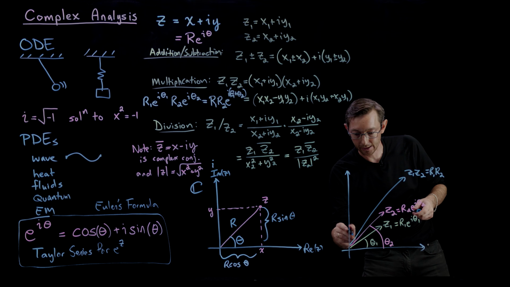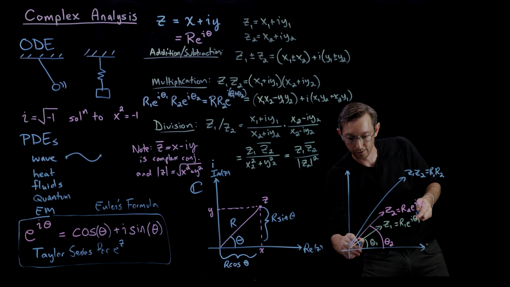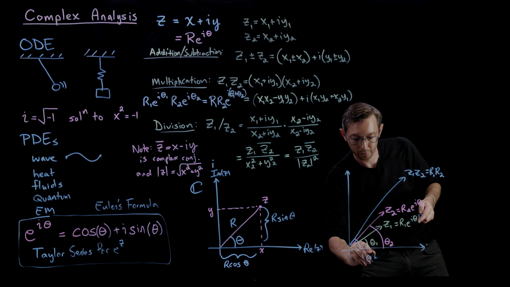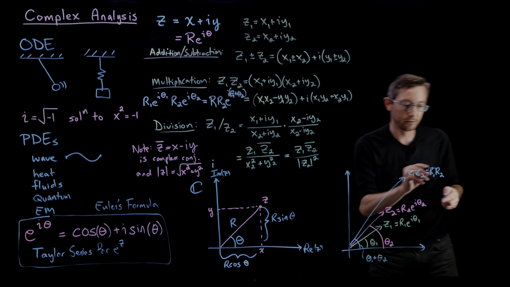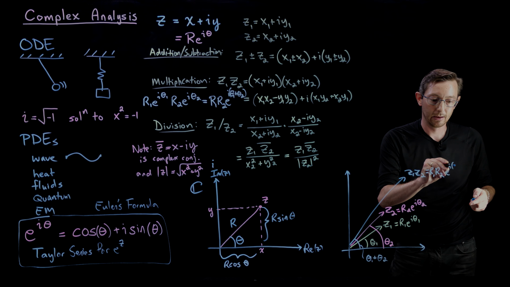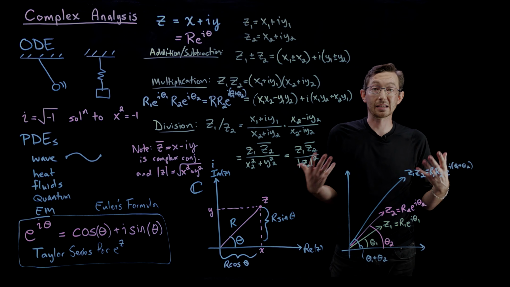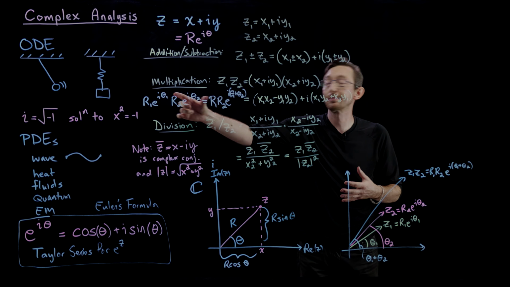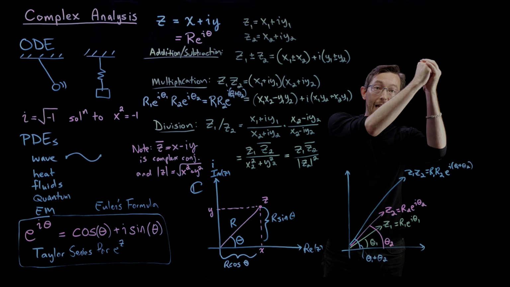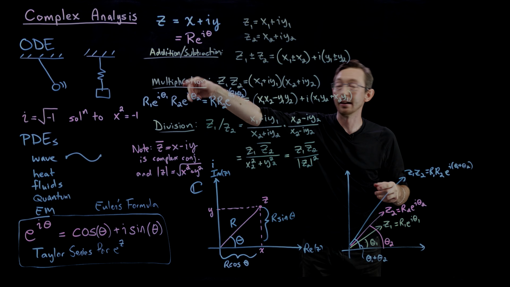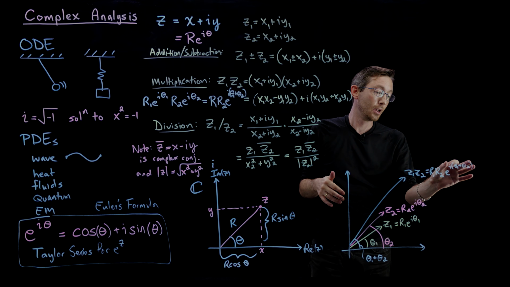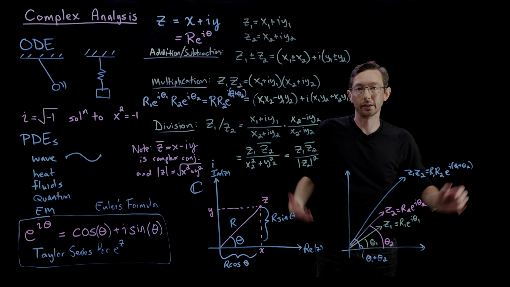So this third angle here is theta 1 plus theta 2, so this is e to the i theta 1 plus theta 2. That's just a property of how exponentials multiply. If I multiply two exponentials, then the arguments just add. So e to the i theta 1 times e to the i theta 2 is e to the i theta 1 plus theta 2.